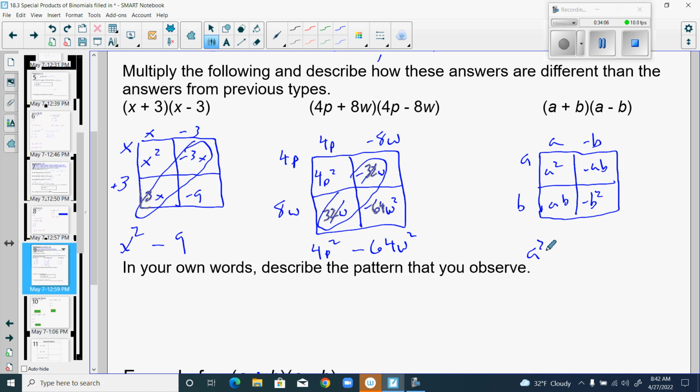So what happens, right? In our own words, describe what you observe. Well, the middle terms are opposite. So what does that mean? It means they cancel out.